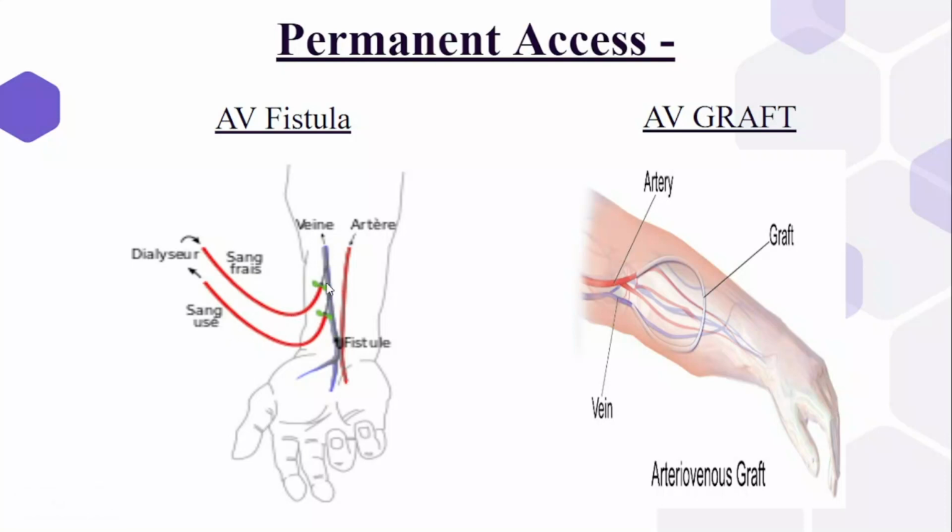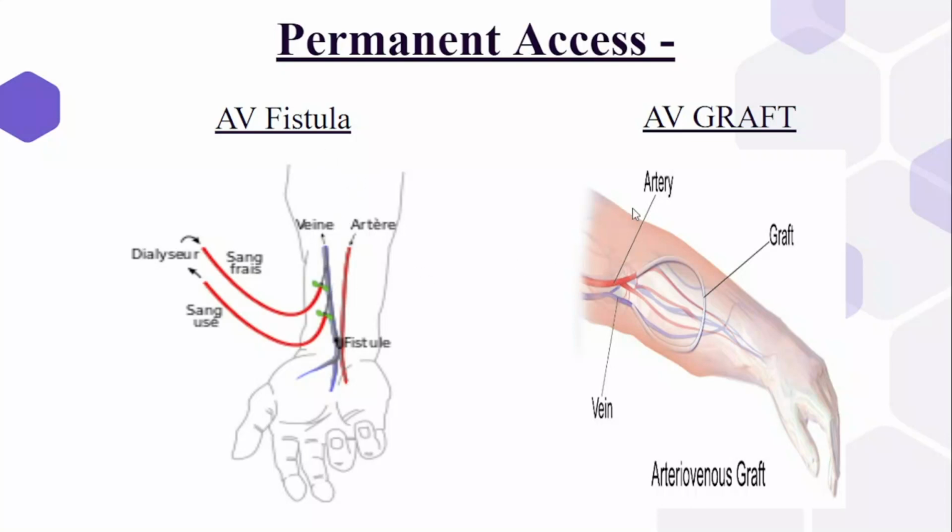Your radial artery and cephalic vein are connected in the arm of your patient, making the AV fistula for access, a way to get blood from the patient's body, right?